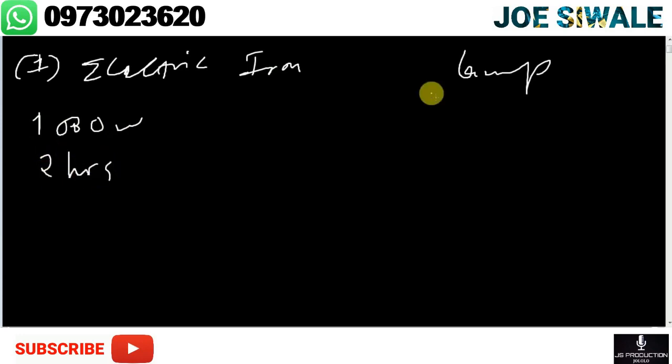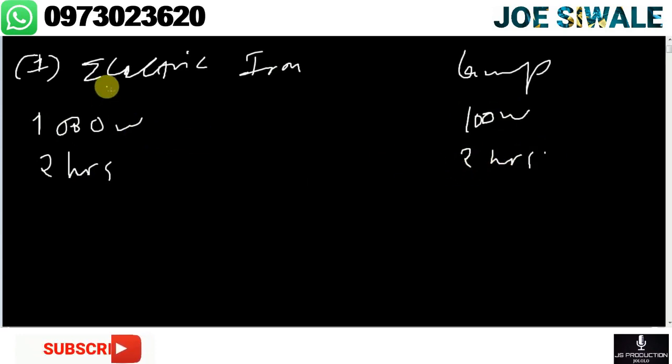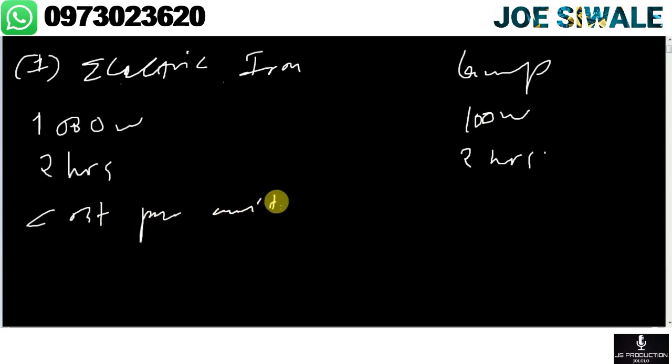Then the lamp uses 100 watts. We are supposed to calculate the cost of using the electric iron and the lamp. The cost per unit we have been given as 5 ngwe.